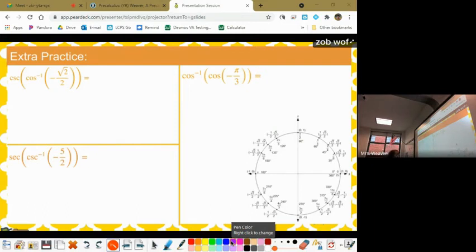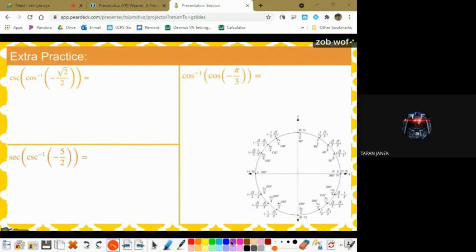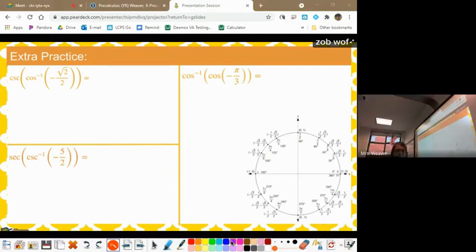So trying this first one, Taryn, we want the cosecant of the angle whose cosine is -√2/2. Okay, it is on a unit circle, so we're not drawing a triangle. It's a composition, so we're going to start on the inside and work our way out. We're going to keep the cosecant outside for right now, and start by looking for the angle whose cosine is -√2/2.